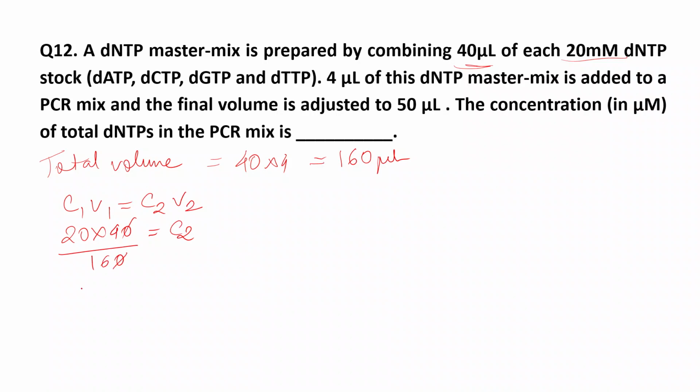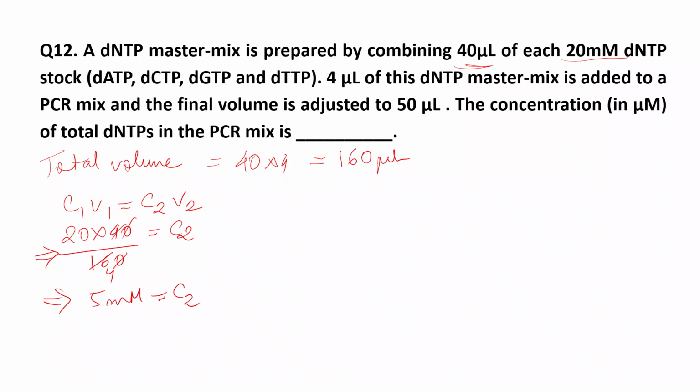What we get is 5 millimolar, C2. So each dNTP in the master mix is 5 millimolar.